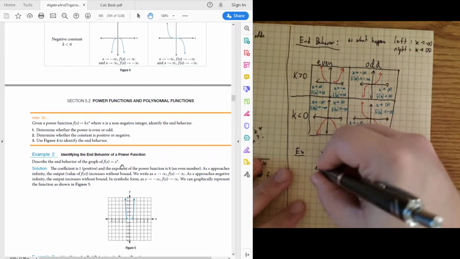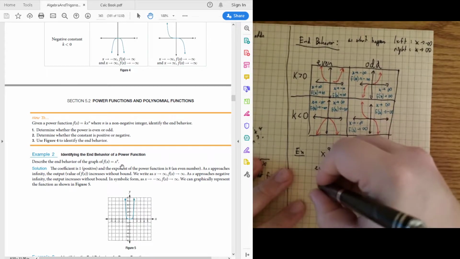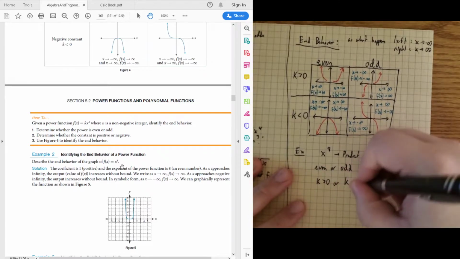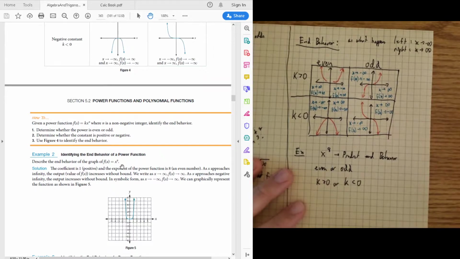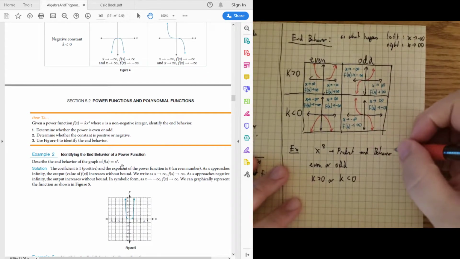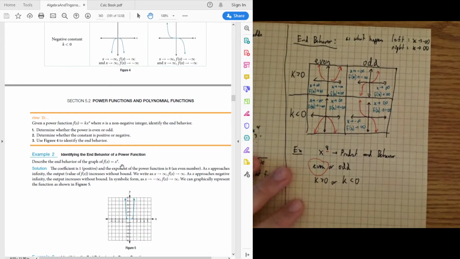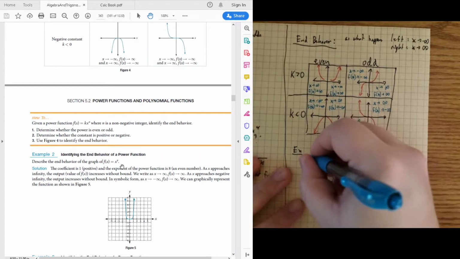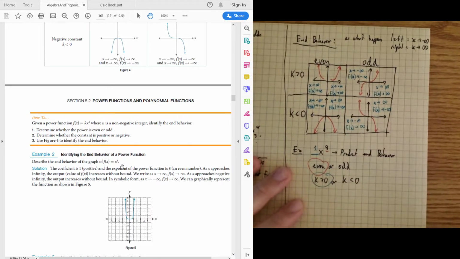Is this thing even or odd? Is k bigger than 0 or is k less than 0? Because depending on which of these things we answer, it's going to tell us what our end behavior is going to be. So in this case, we have an even power, and our k is bigger than 0. Because again, the number out front is a 1, and 1 is bigger than 0.